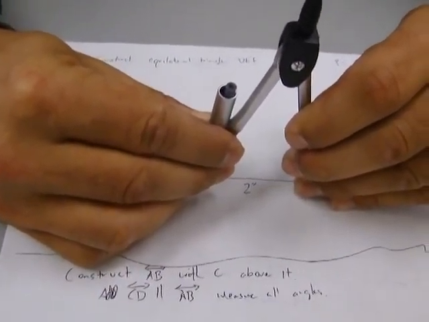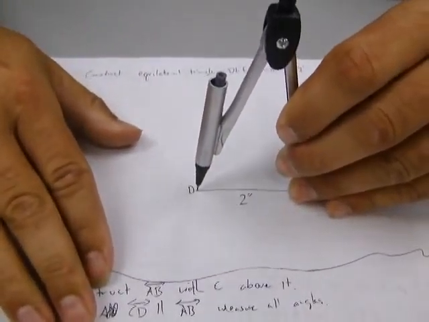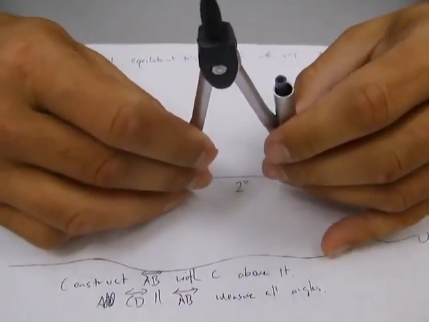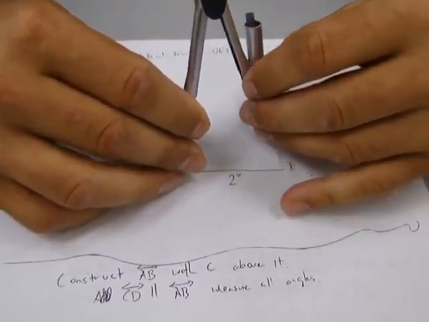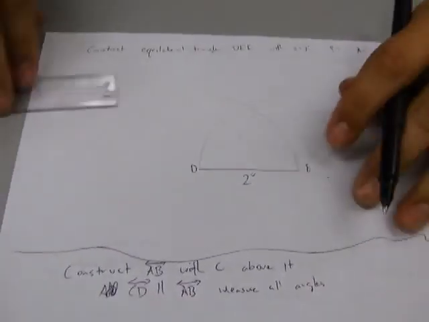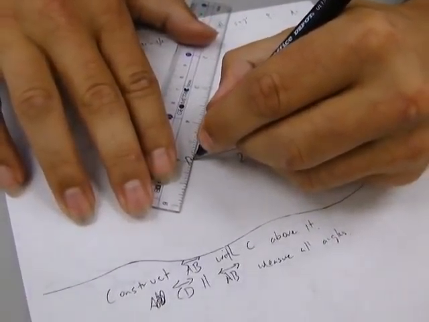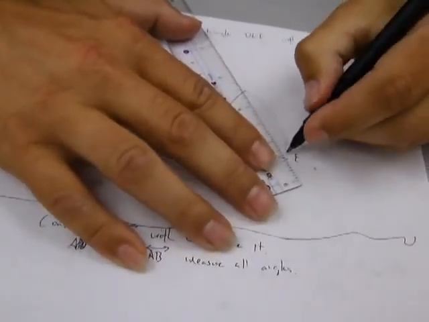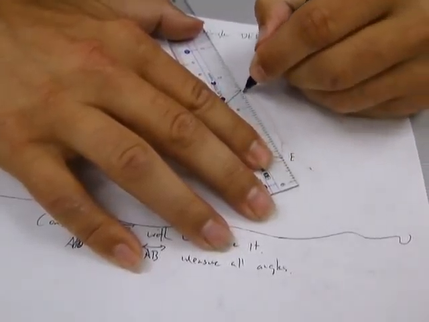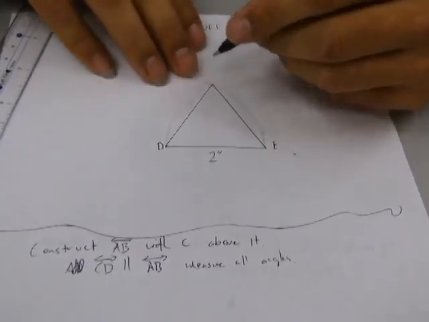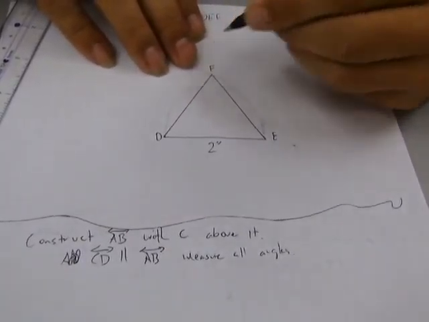Step 2, get the measure of the segment. Step 3, arc above the segment. Step 4, opposite endpoint. Step 5, congruent arc above the segment. Step 6, add the segments. And of course, the place where the two intersect will be point F.